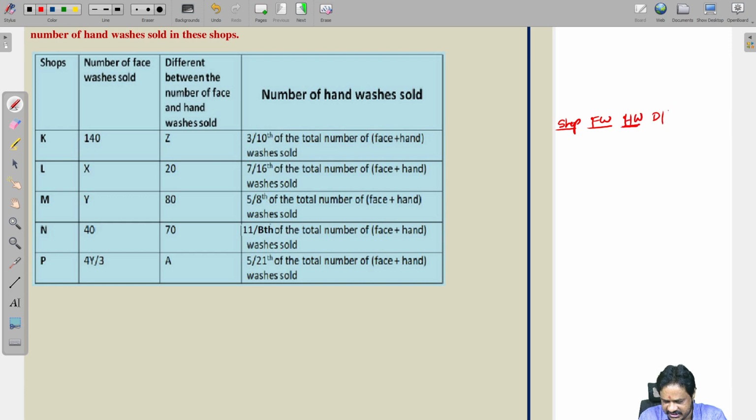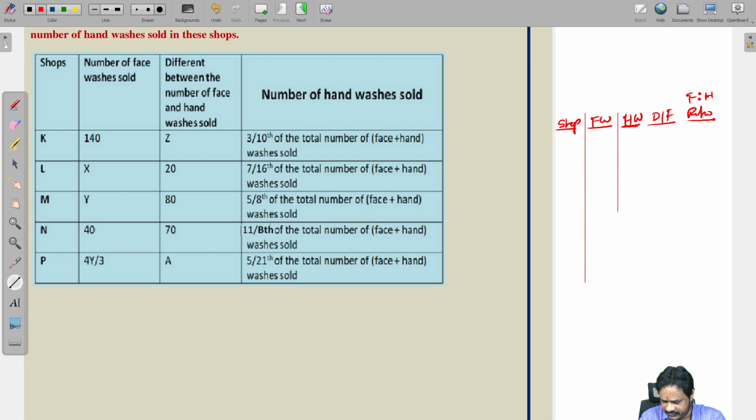Let us take it like this: after face wash, then hand wash, then the difference, then the ratio 3 by 10, 7 by 16, 5 by 8, which is the ratio. I am taking the ratio of hand wash to total, F for face wash, H for hand wash. So, I am drawing one table like this.